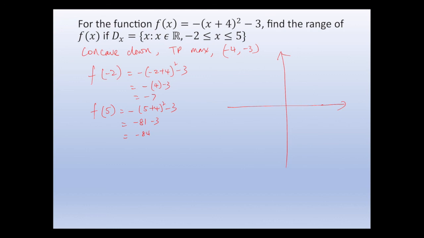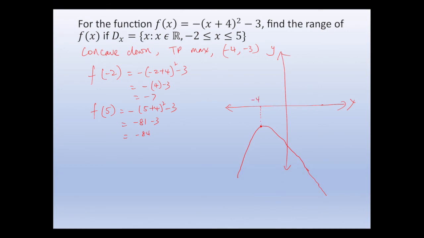Now here, doing a quick sketch, you know that this is a maximum. This time the maximum point is (-4, -3), which is here. It's actually telling me that there's no x-intercept. This parabola here has no x-intercept.